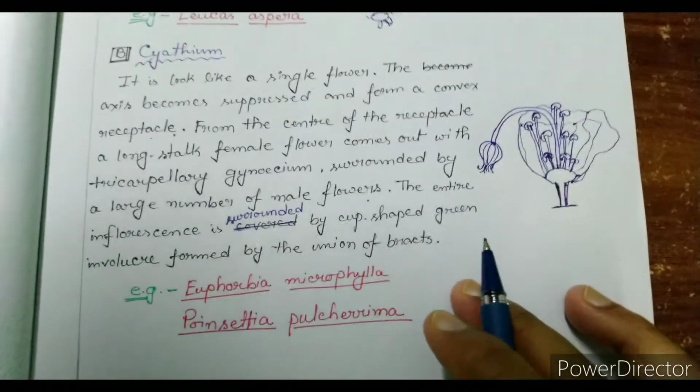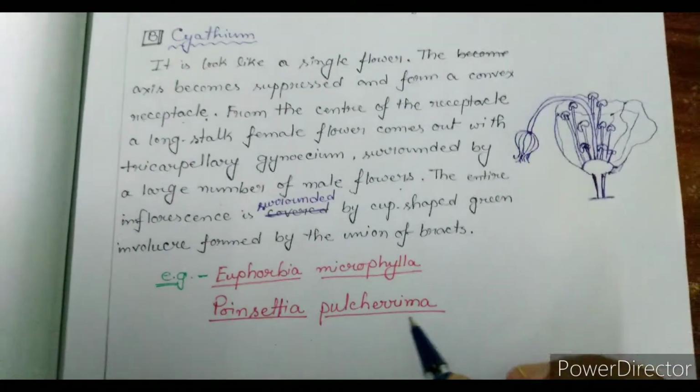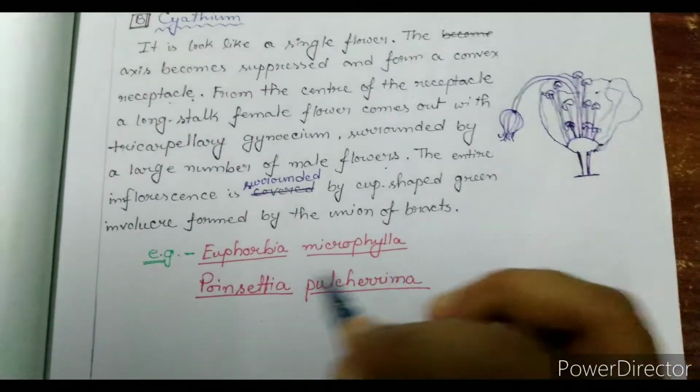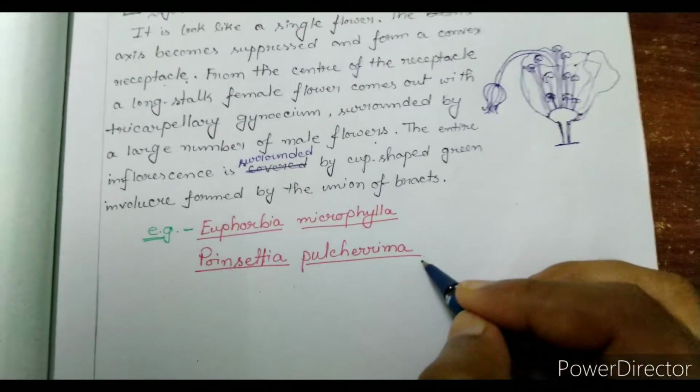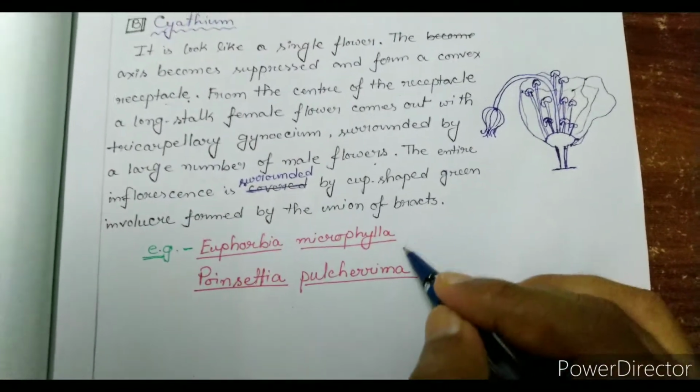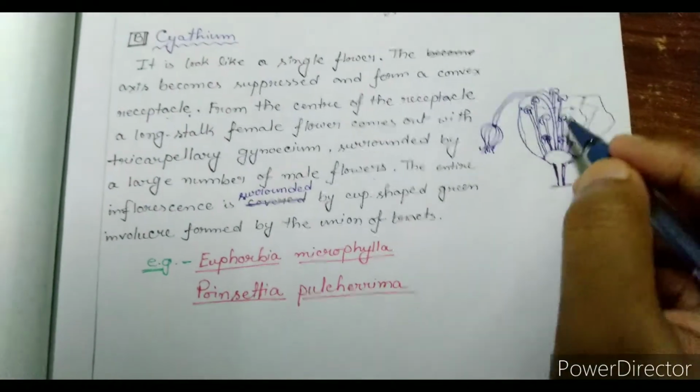This is the total inflorescence of cyathium. It is present in Euphorbia microphylla and Poinsettia pulcherrima. These two examples are very important for inflorescence.